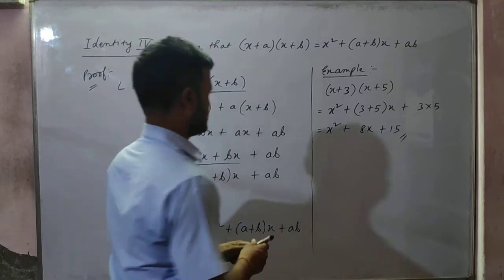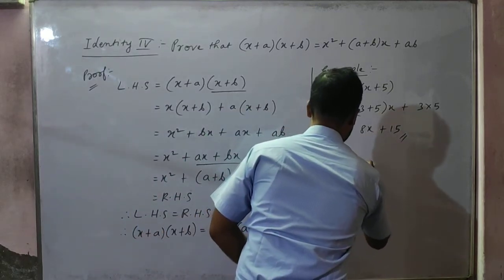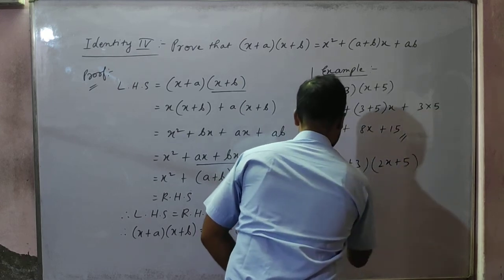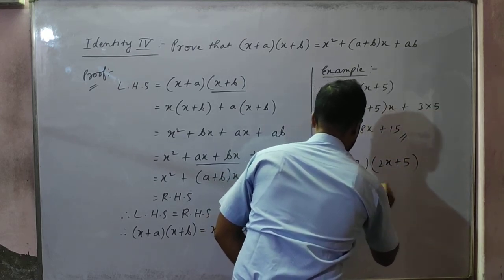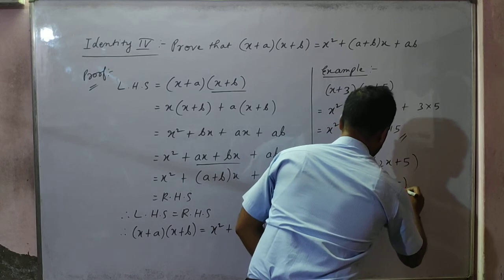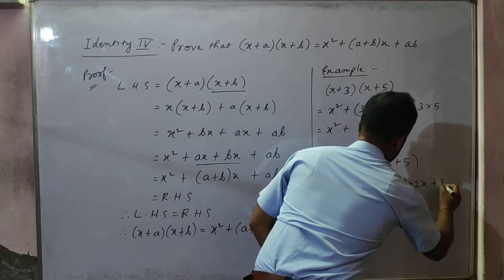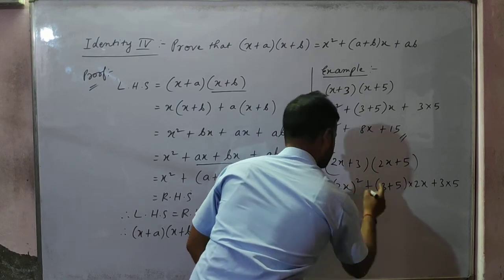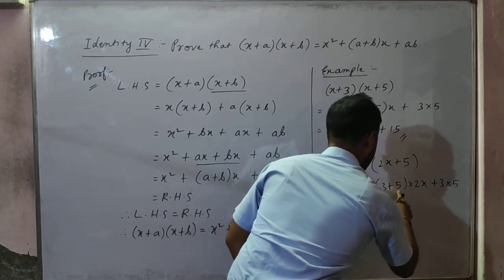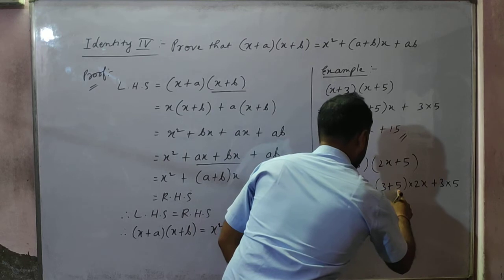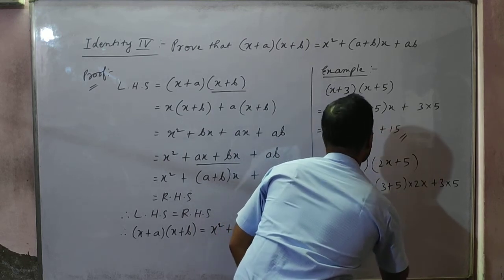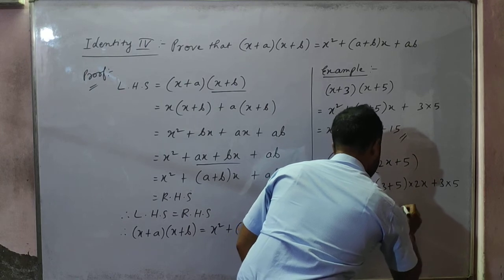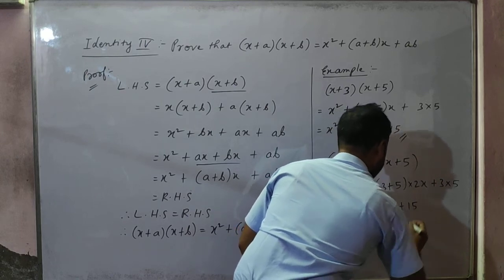Like suppose it is (2x plus 3) into (2x plus 5), then you will write (2x) whole square plus (3 plus 5) into 2x plus 3 into 5. So that will become 4x square plus 3 plus 5 is 8, 8 into 2x, 16x plus 15.